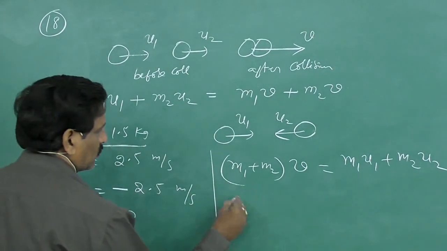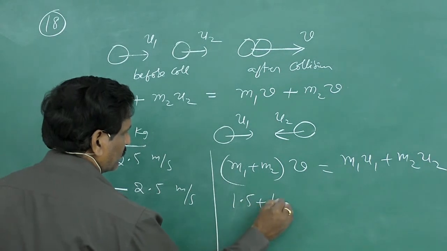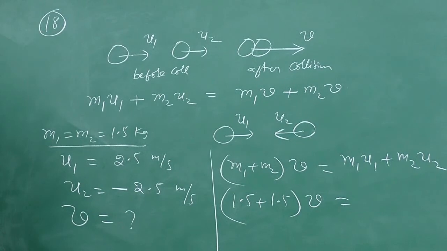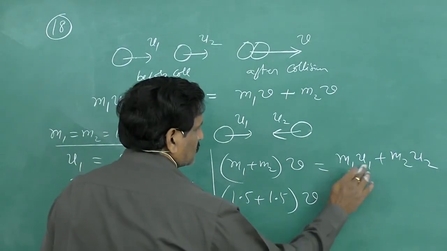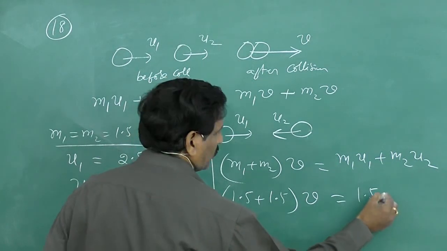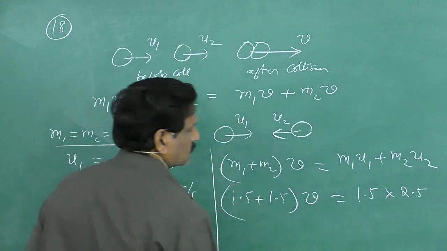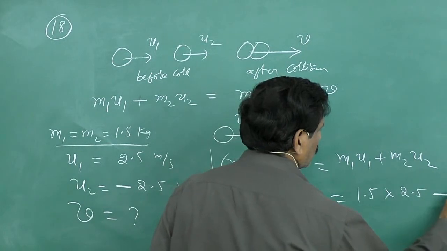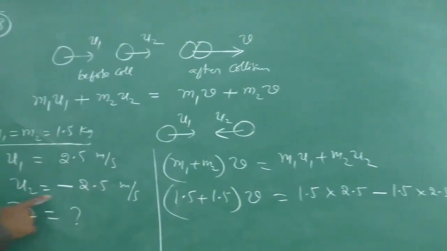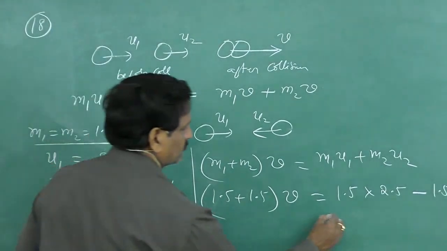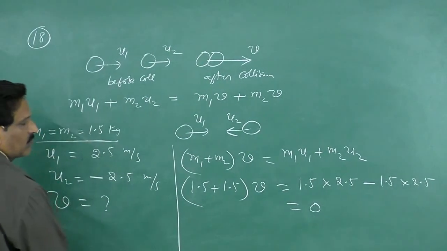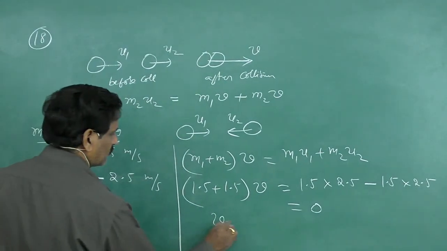So this is (1.5 plus 1.5) into v is equal to 1.5 into 2.5 minus 1.5 into 2.5, because u2 is negative. So this is 0, 1.5 into 2.5 minus 1.5 into 2.5, same, 0. Then v is equal to 0.